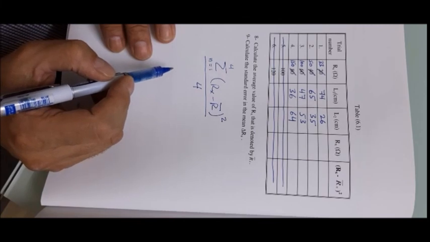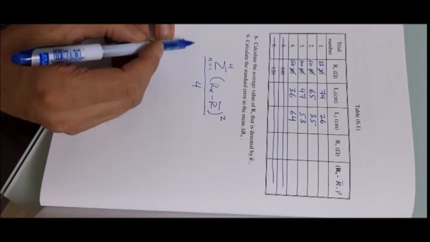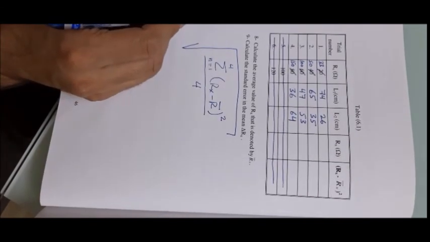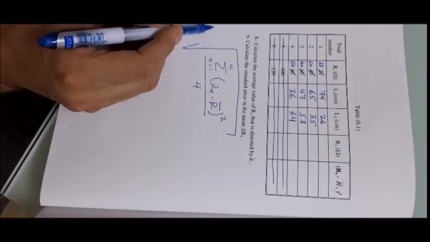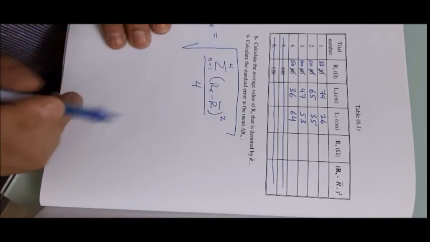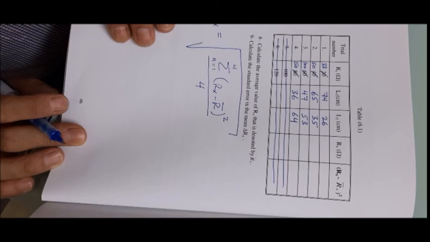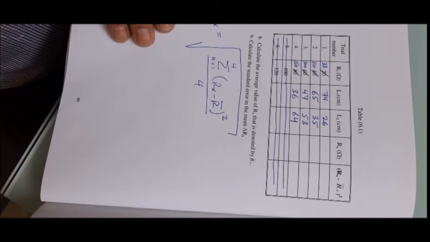This is called in statistics the variance. Then if you take the square root, this will give you the standard deviation, which is the error in measuring the resistance. So that's it, and this is the end of this experiment.